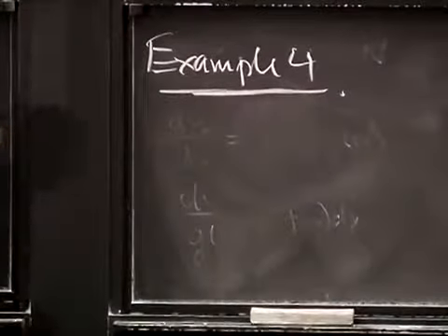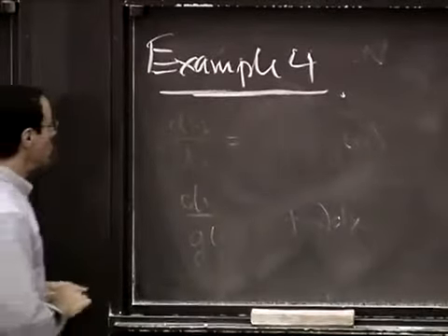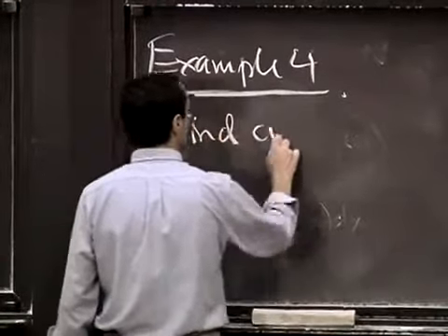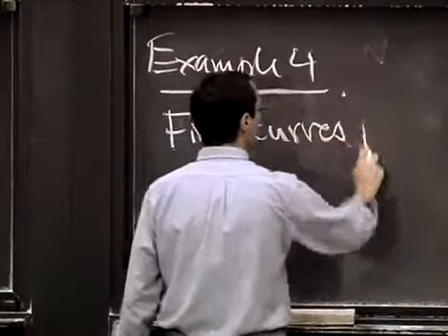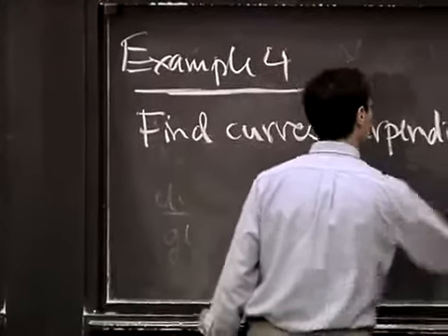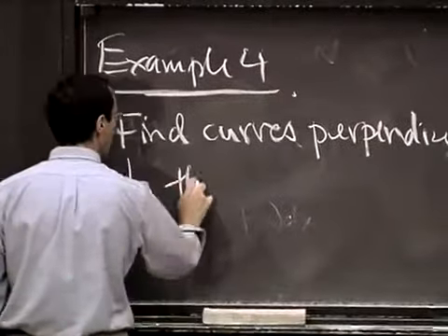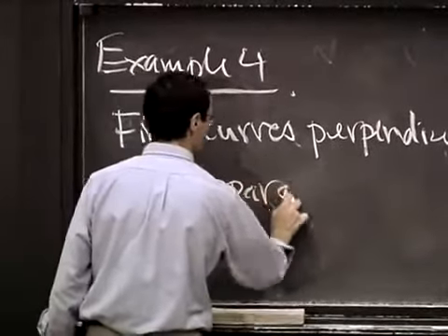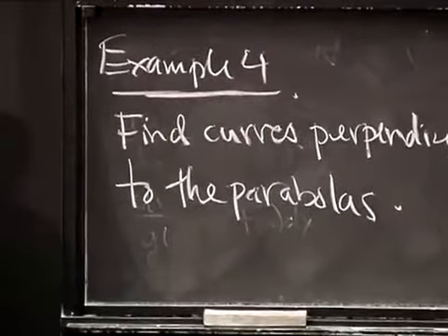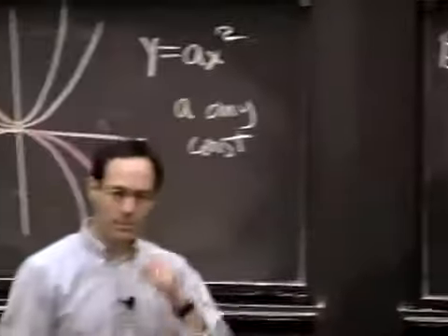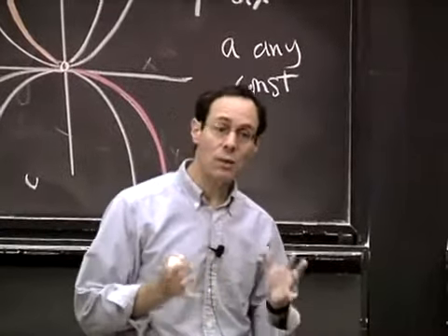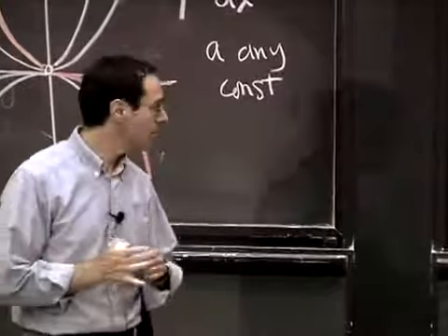The fourth example is to take the curves perpendicular to the parabolas. This is another geometry problem, and by specifying that the curves are perpendicular to these parabolas, I'm telling you what their slope is.